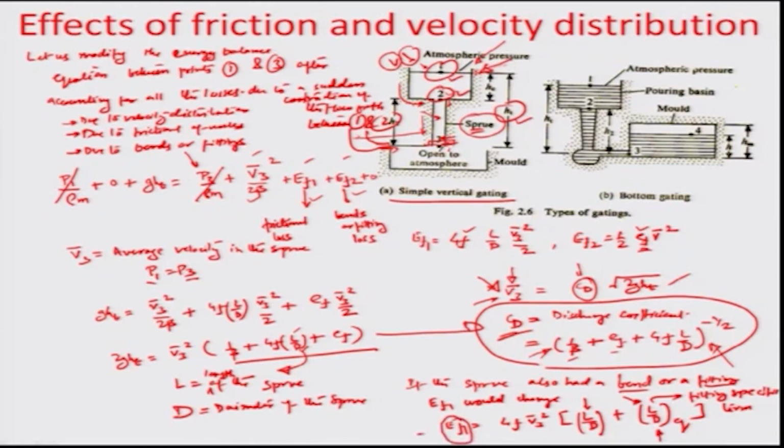This would definitely contribute to an increase in the total friction loss, and thus the whole equation for C_D would be written as C_D equals 1 by beta, as I had illustrated earlier, plus the small e f, which is the loss because of the bending or the fitting, and then there is a frictional loss imparted by the bending or the fitting, which would be 4f times the L by D wall friction effect plus the L by D equivalent loss due to friction at the bend or fitting, all to the power of minus half.